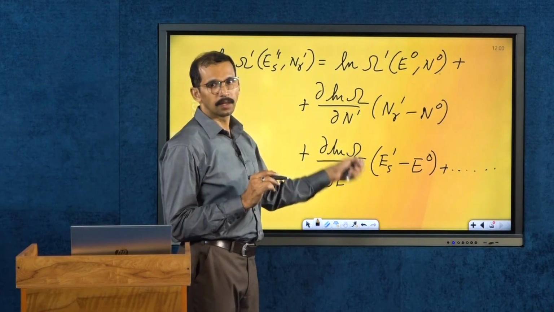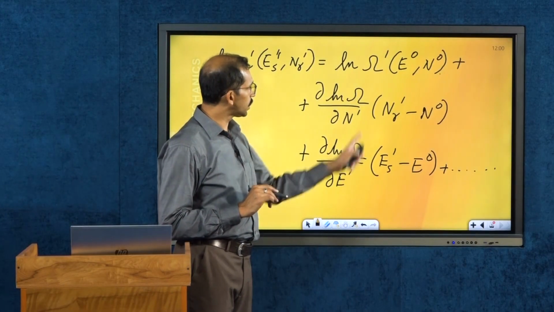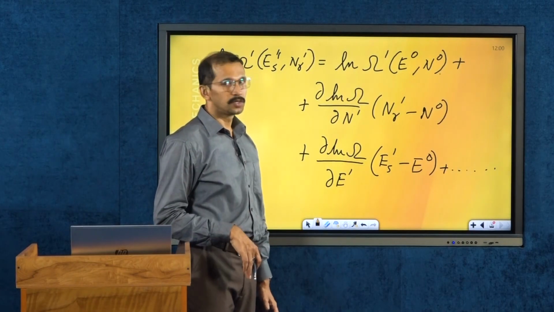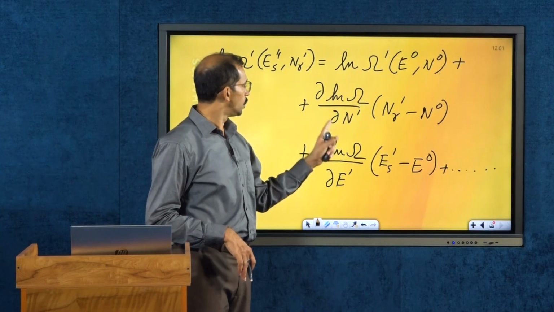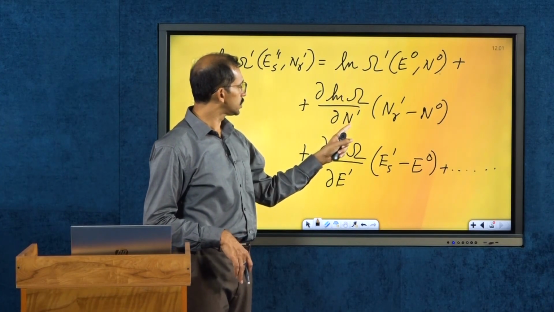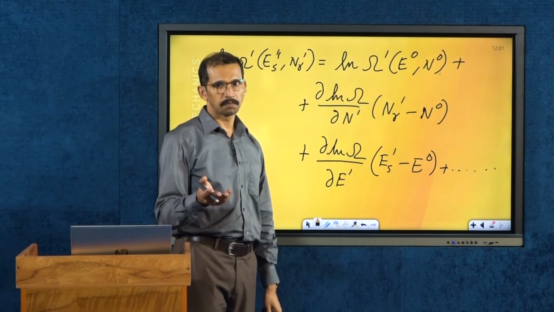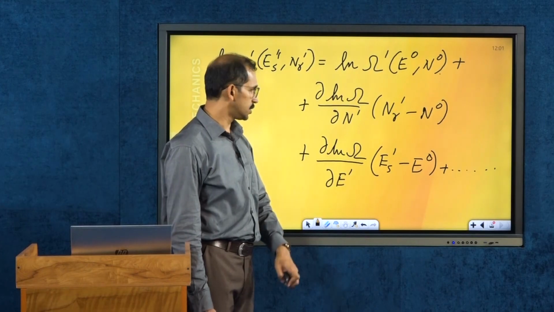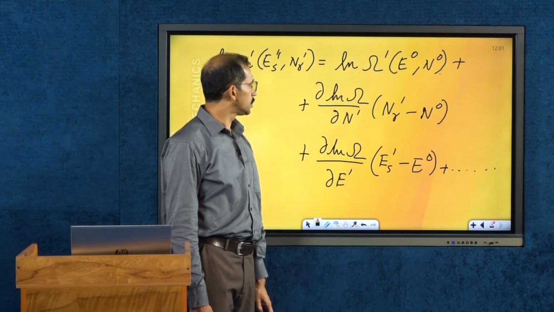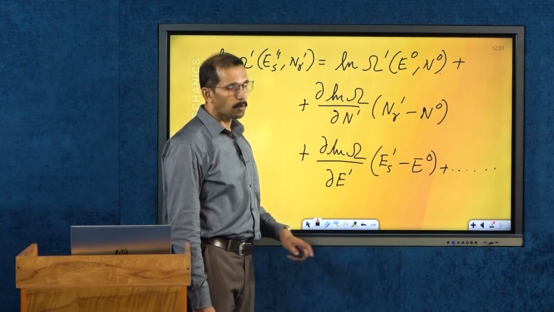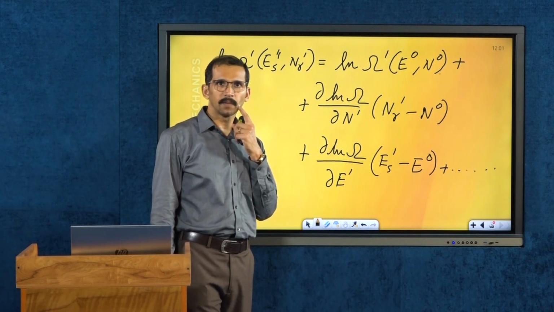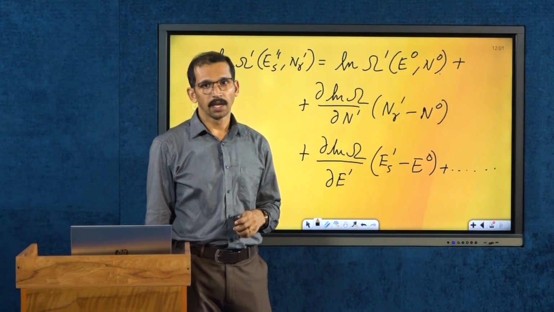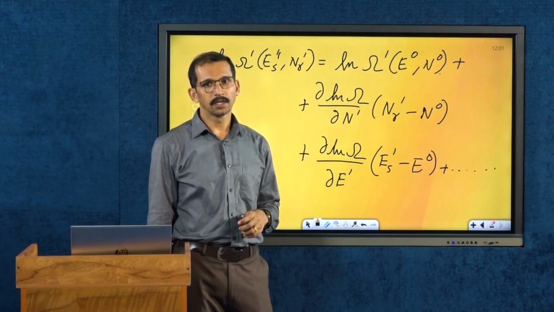And what is this value? Nr dash minus N0 means my minus Nr, right. So, I can write this as equal to dou of ln omega by dou n dash, minus Nr, and this will be minus Es, right. And if you remember our discussions in the initial episodes of this series, we have defined 2-3 functions.